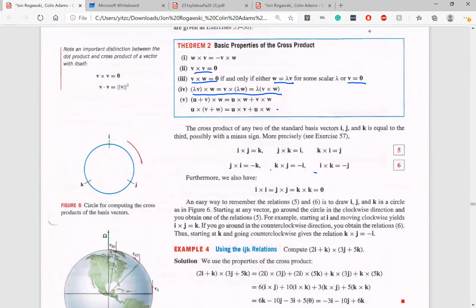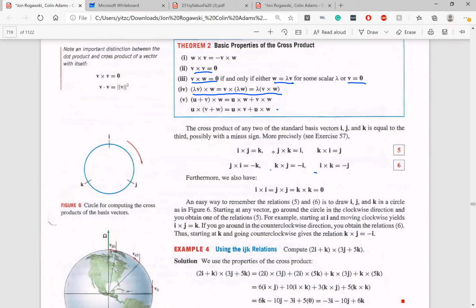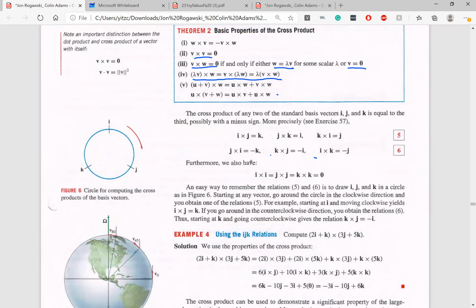Another thing about the cross product is what it does to the I's, J's, and K's. The I, J, and K are all orthogonal. So if you look at I cross J, you need to find the orthogonal component of I cross J, and it's going to be either K or negative K. You can use the right-hand rule, and you'll see that it's K. J cross K is going to be I, and so on.